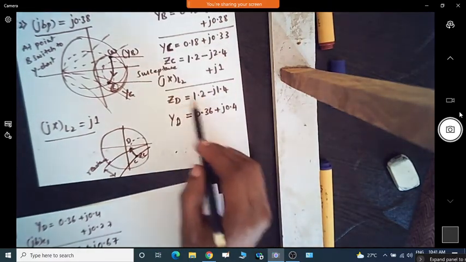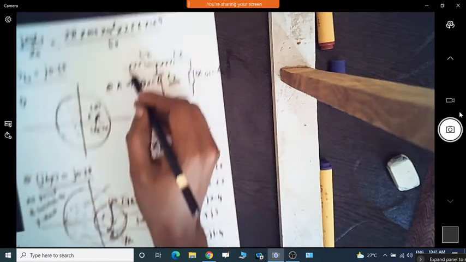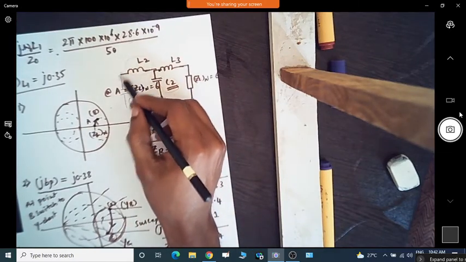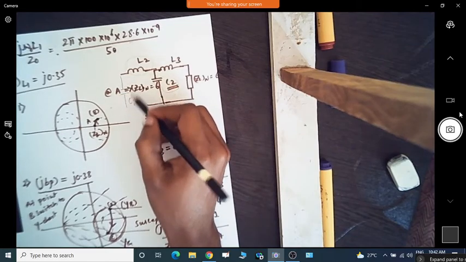So now at this point again we need to add the capacitor C1. After adding L2, we need to add the capacitor C1, which is shunt.